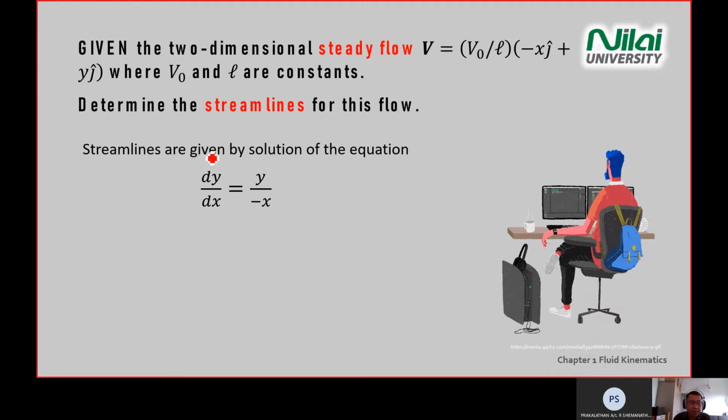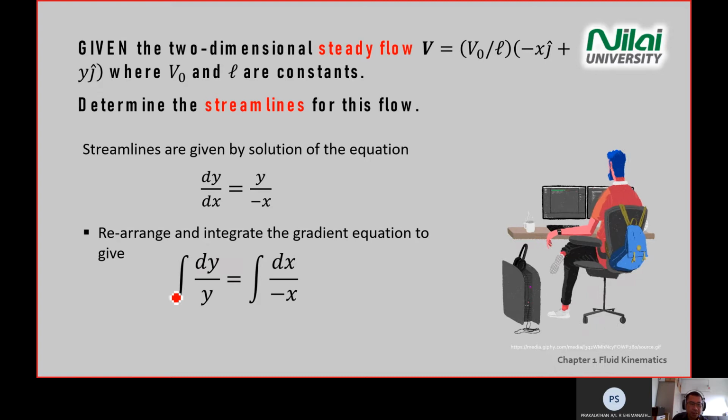You want to integrate something, you need to rearrange the equation so that you can integrate. So you put the y term on one side, the x term on one side. You move this y to the left, dx to the right. Then you add in the symbol of the integration.